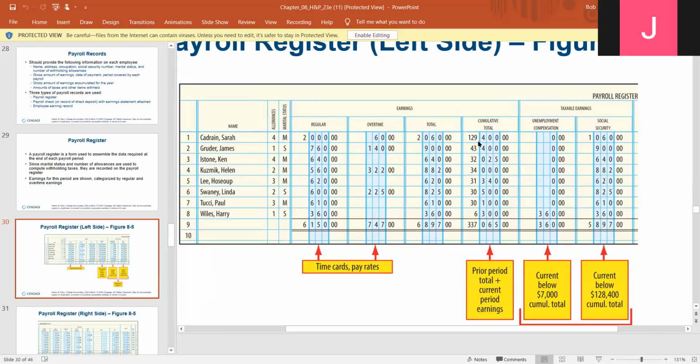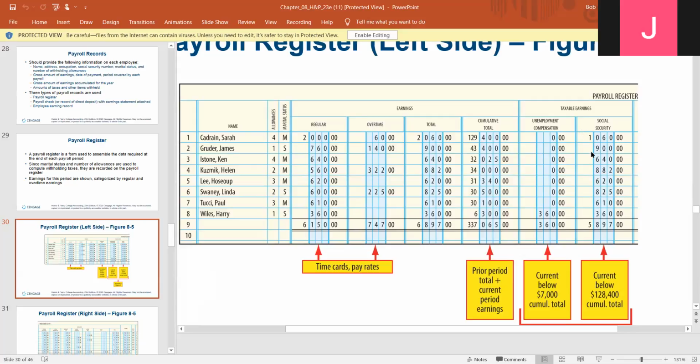How about that? And then how much of these taxable earnings are subject to unemployment compensation, Social Security? Look at Sarah Cadron. She's the only one who went over 129. She earned $2,060, bringing her total to 129,400. Well, she only pays the difference between 129,400 and 128,400 because that extra amount, 2,000, is tax-free for Social Security.